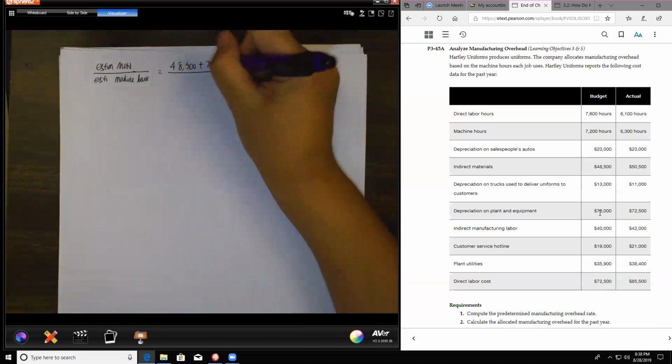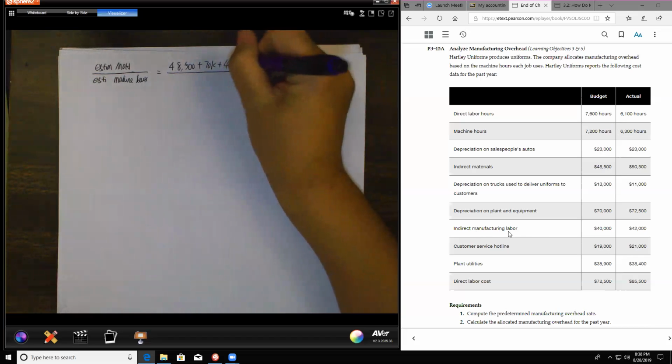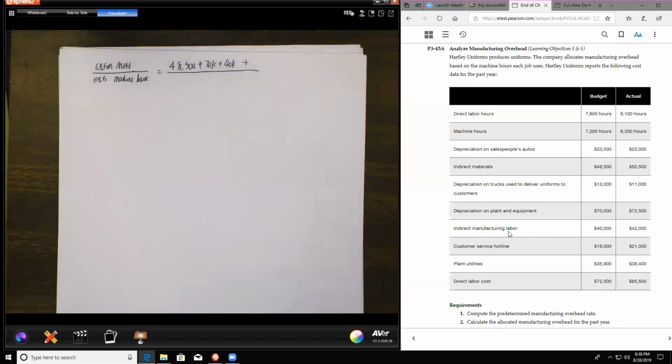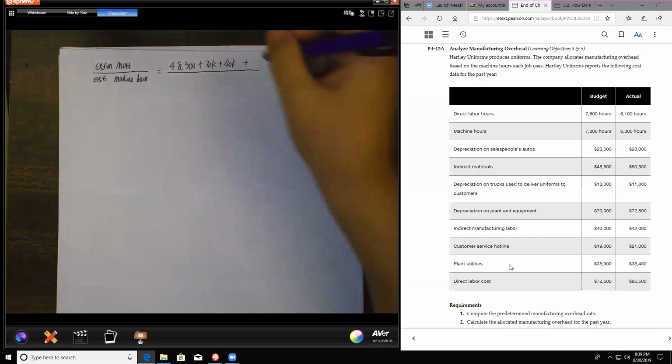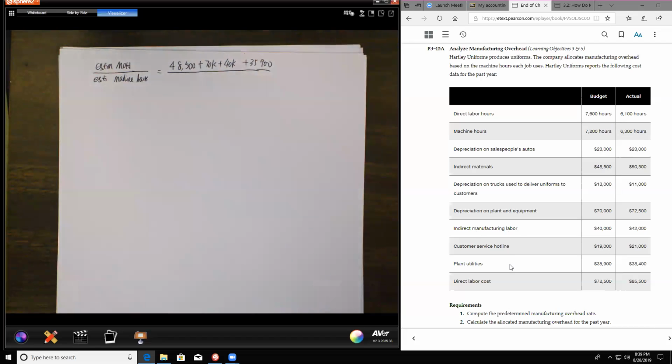That is our manufacturing overhead. We always use budget. Indirect manufacturing labor, cool, that's also our manufacturing overhead. And then what else? Customer service, no. Plant utility, yes, that is 35,900. So that is our estimated manufacturing overhead.